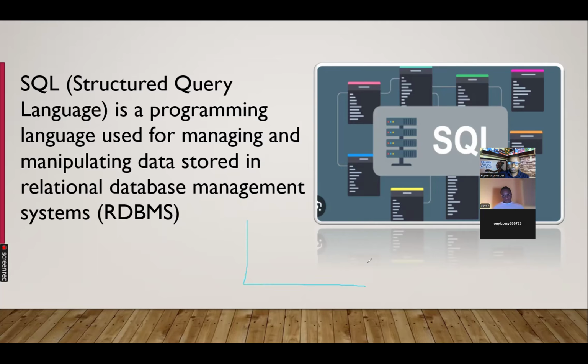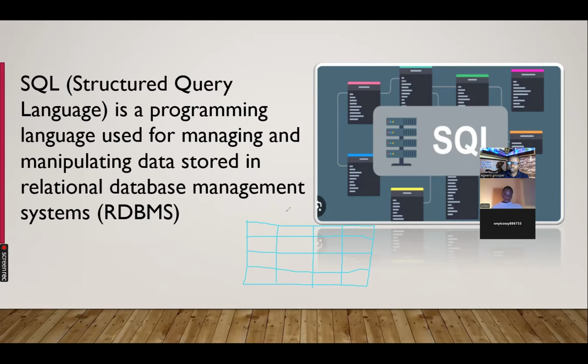It's just like you have a data table like this, where you have attributes and the rows or the records. Just to explain why it is called relational database: the whole of this is called a relation, which is also known as a table.